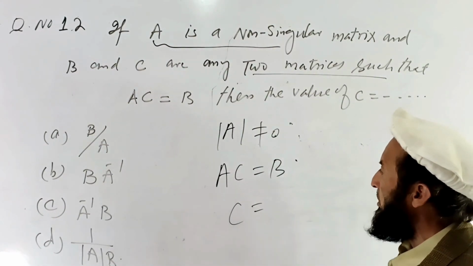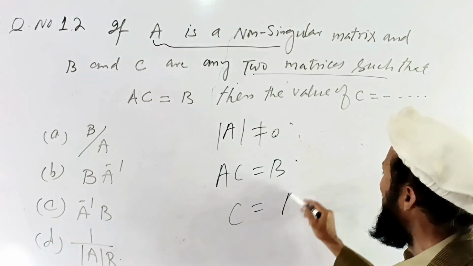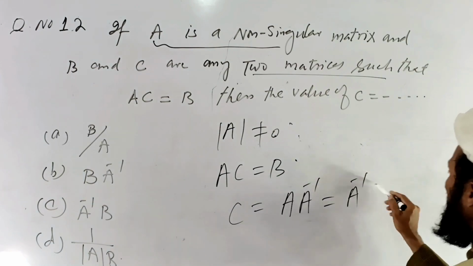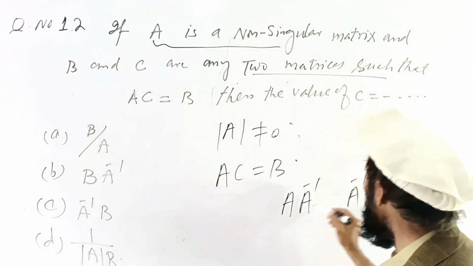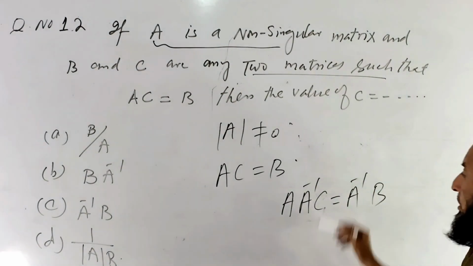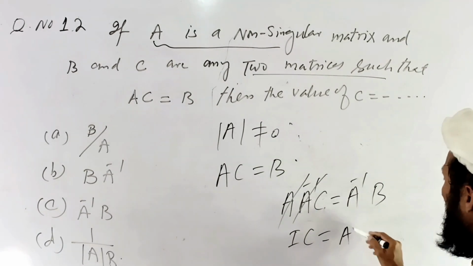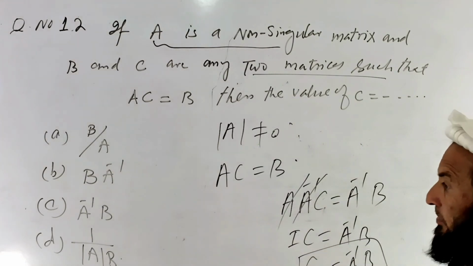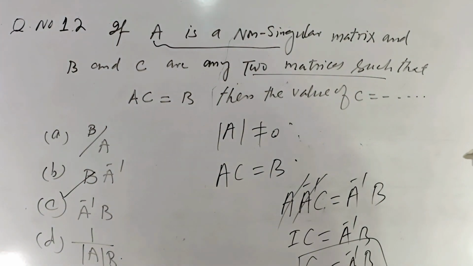Multiplying by the inverse, A inverse A C is equal to A inverse B, so that will be equal to the identity matrix times C. Identity times C is equal to A inverse B, and C is equal to A inverse B. So the correct answer is C, A inverse B.